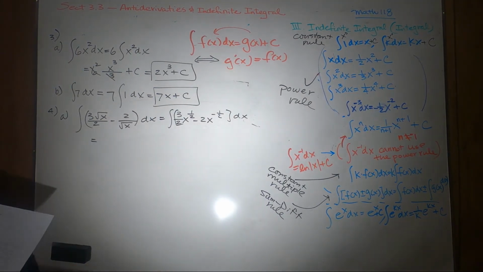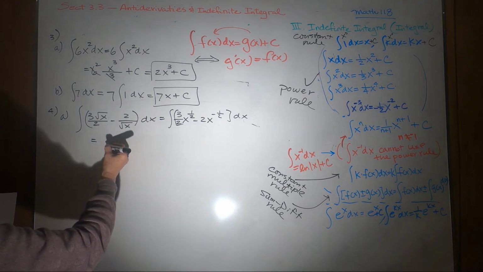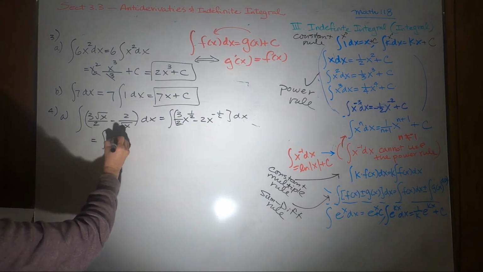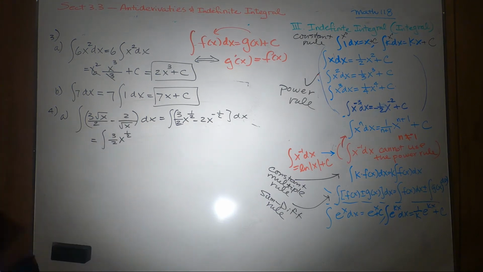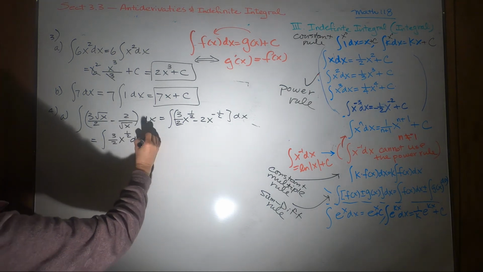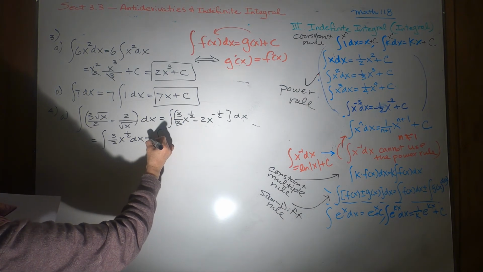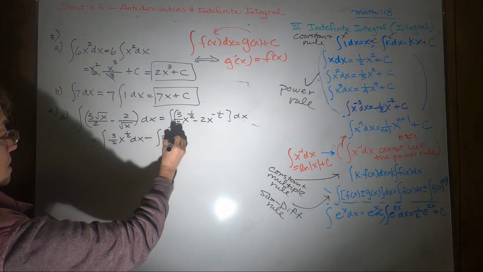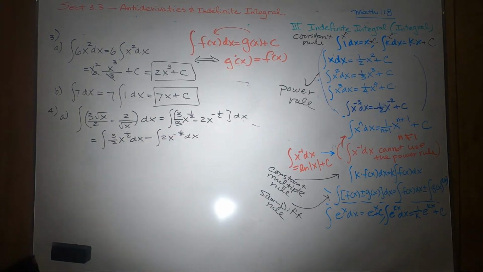Then we write it separately by the sum and difference rule. We should have 3 halves x to the half power dx, then minus 2x to the negative half power dx.